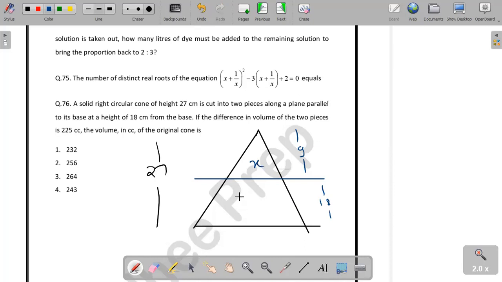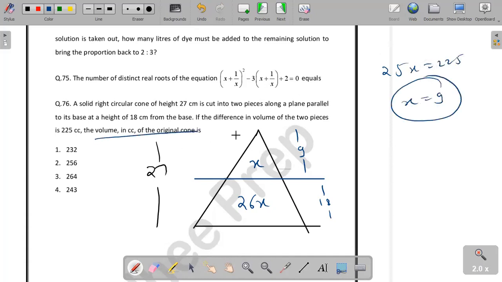So if this is x, then this would remain 26x. Then the total would be 27x. The difference in the volume of the two pieces is 25x, which is equal to 225. So x here comes to 9. Then the volume of the original cone, we have to find 27 into 9, that is 243. 243 should be the answer.